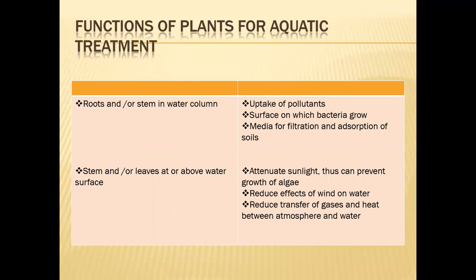Roots or stem in the water column uptake pollutants, are used as a surface on which bacteria grow, and as media for filtration and absorption of soil. Stem or leaves at or above the water surface attenuate sunlight, thus can prevent growth of algae, reduce effects of wind on water, and reduce transfer of gases and heat between atmosphere and water.